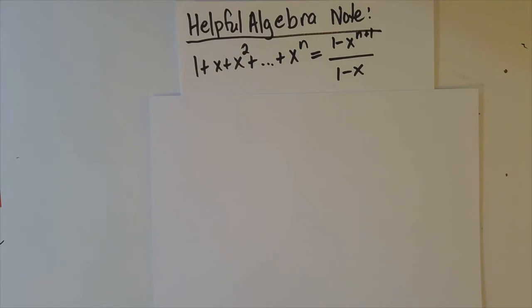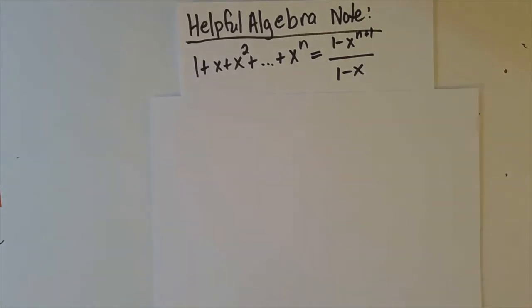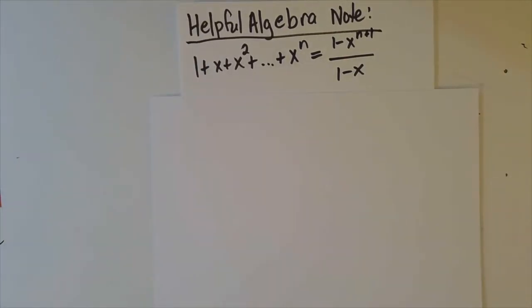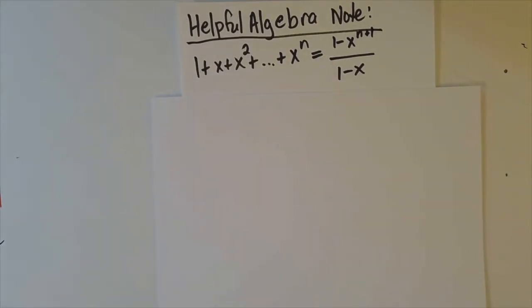In fact, the only terms that don't cancel are the ones on each end. The one on the left will be 1, and the one on the right will be minus x to the n plus 1. So however you want to go about it, you can use this freely forever.